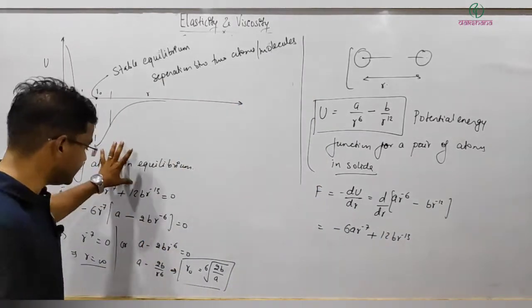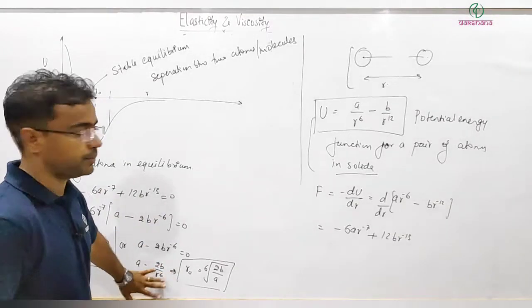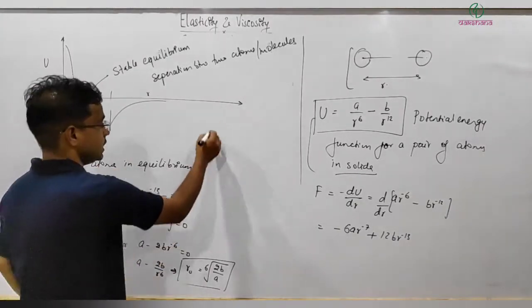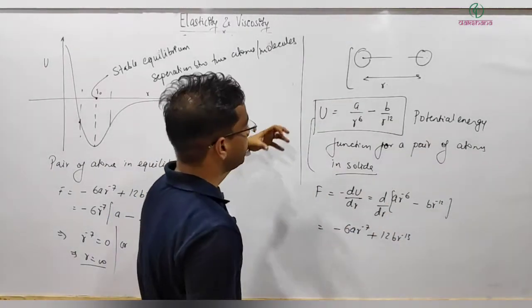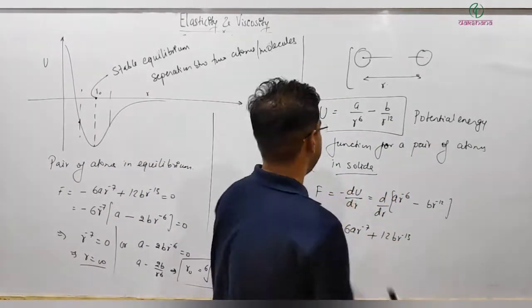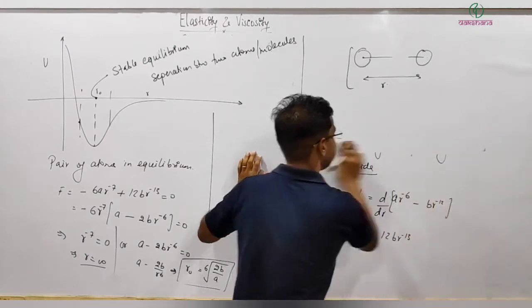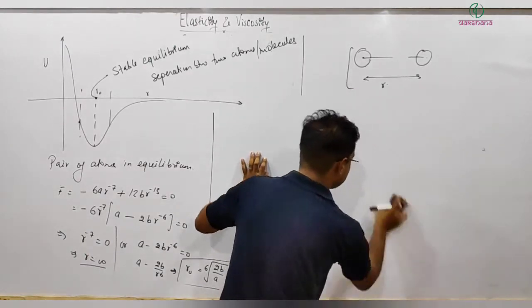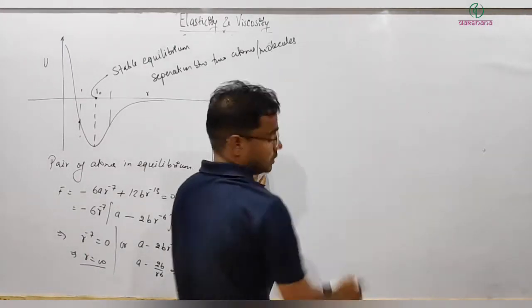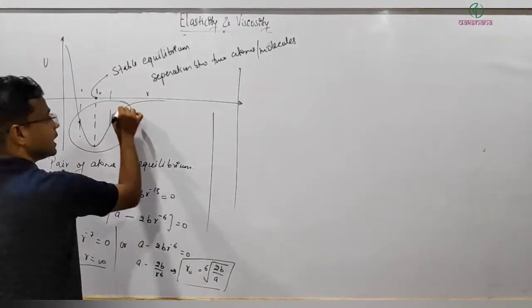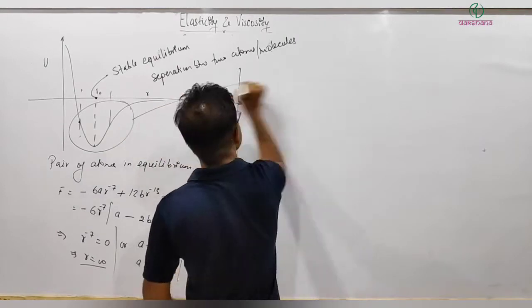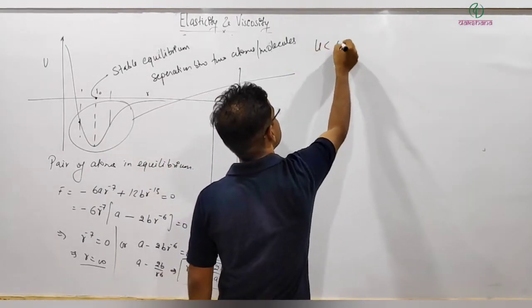And in this situation we understood it up to here. This is the equilibrium position. So now we are trying to understand, if we are pulling them, what will happen to them actually? So for this reason, U is less than 0.